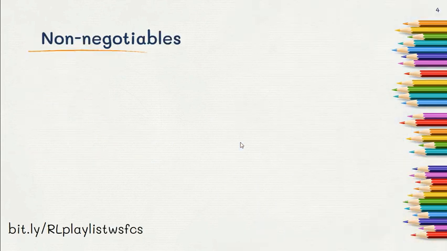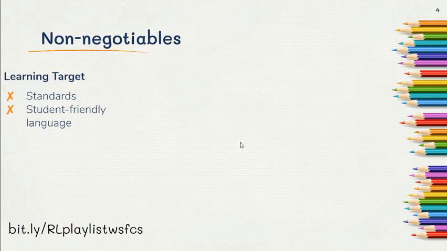Just as a reminder, our non-negotiables when we talk about our playlist, first and foremost, we want all teachers to include a learning target. Those learning targets should be derived from their standards, and they should be written in student-friendly language. There needs to be content, which means an instructional component that could be through the use of a synchronous class meeting.